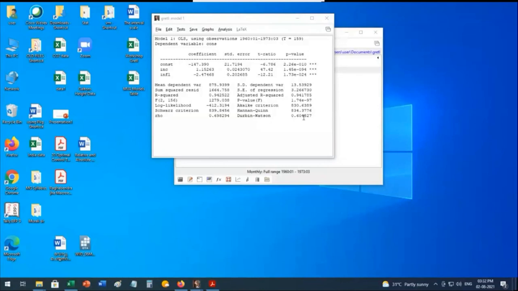So that assumption is violated. Therefore, our model is not adequate, even though all the estimates are highly significant with very high R square value, very high F value. This model we cannot use because this model is not adequate. That's the problem.